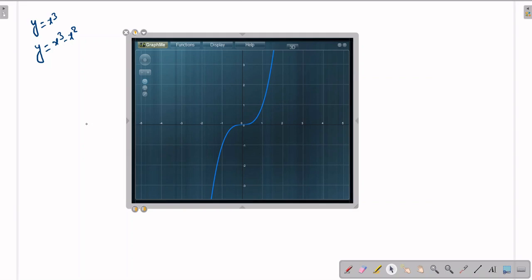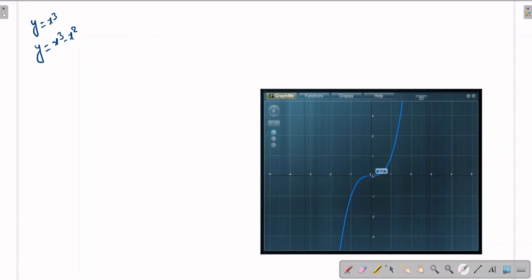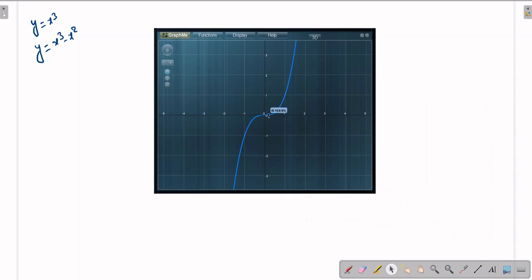But one thing you can find here is that the curve is intersecting the x-axis. Let me show you the x-axis. This is the x-axis, and this one is the y-axis. So what you are finding here is that the curve is intersecting the x-axis at only one point.